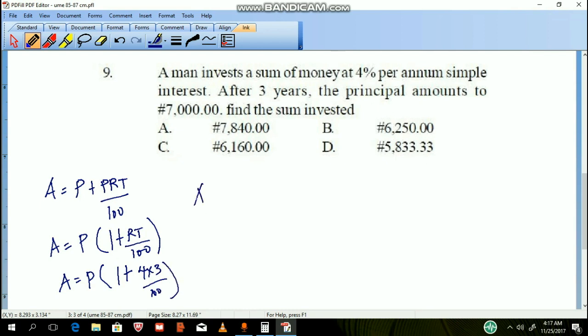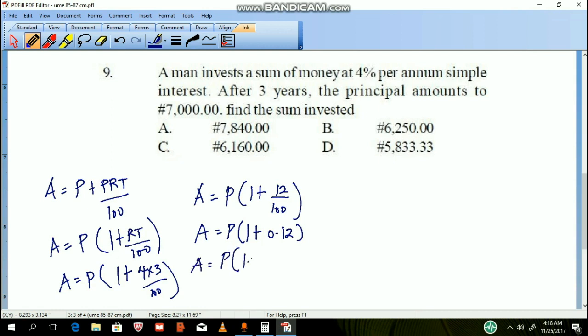Then A equals P bracket 1 plus 12 over 100, then 1 plus 0.12. Then A will be equal to P bracket 1.12. So if we make P the subject, that will be the amount, which is 7,000 divided by 1.12.